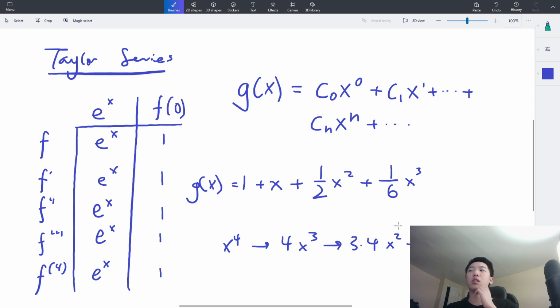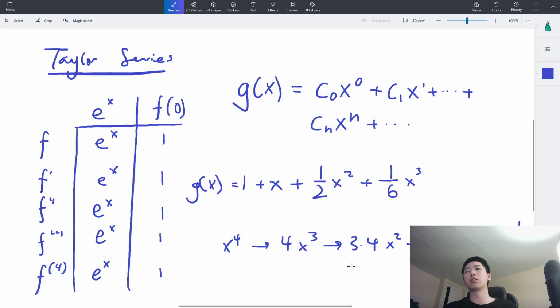Alright, so that's what we get, and then obviously we have to do 1 over that number for our c4 in front. So the pattern is just make c 1 over that particular product.